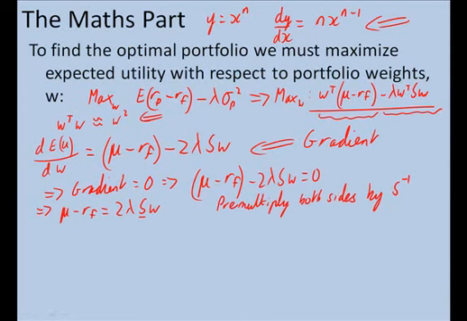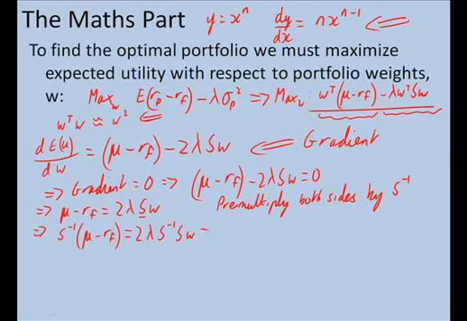What's going to happen? Let's work it through. We're going to get S inverse times mu minus RF, and that's going to be equal to 2 times lambda times S inverse times S times W.